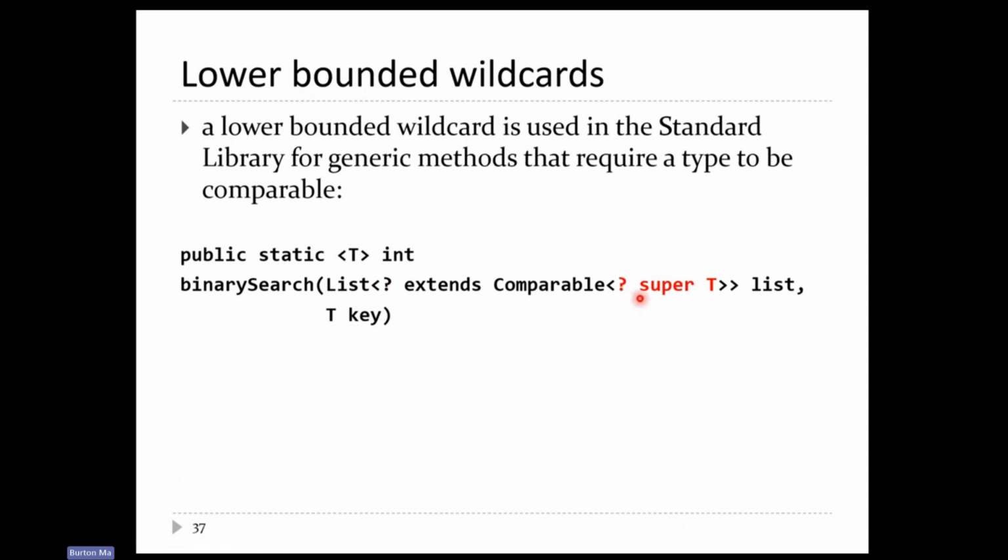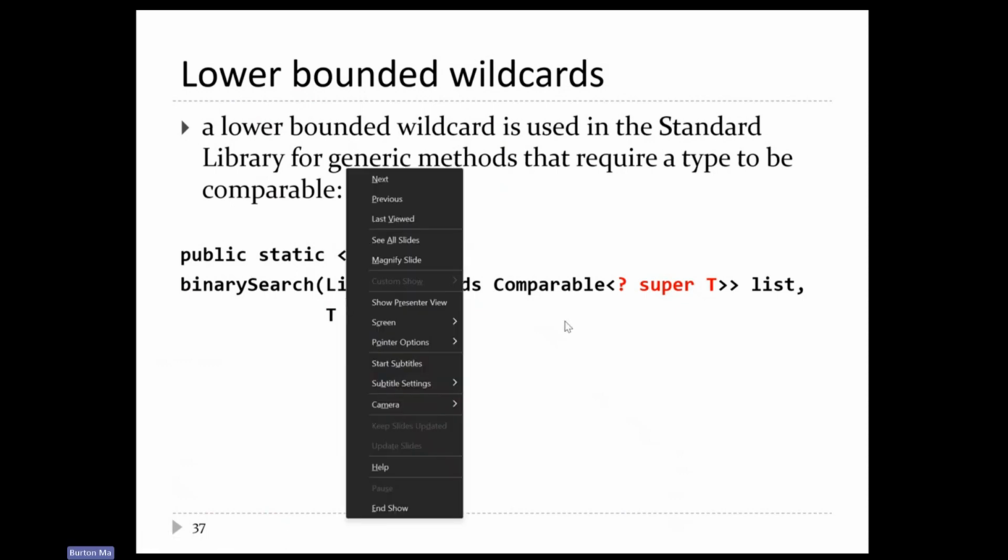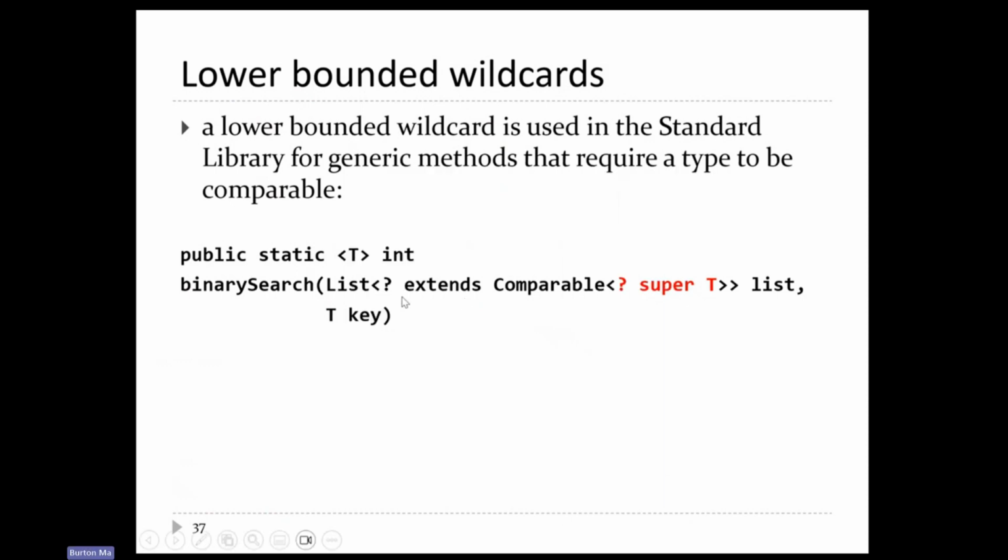You might wonder why it shows up in the Comparable part. And that's because you have the same issue with Comparable. So imagine that you had a list of some kind of counter. So say you had a list of stopping counters and you wanted to binary search that list for a particular counter.